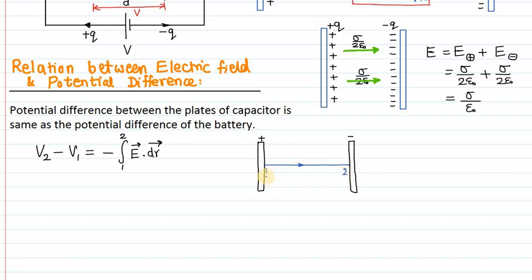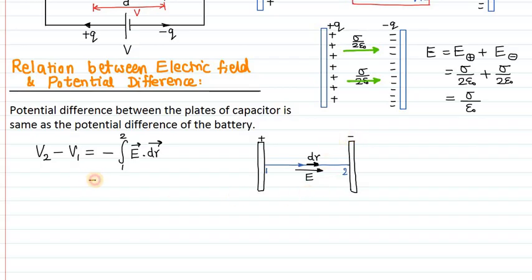So 1 is the initial point, 2 is the final point, and we are going to travel along this path, and in this integral dr is a small displacement along this path. This is dr, a small displacement, and the direction of electric field is also in the same direction, because the direction of electric field in a capacitor is from the positive to the negative plate.